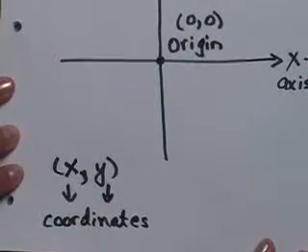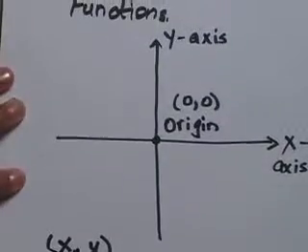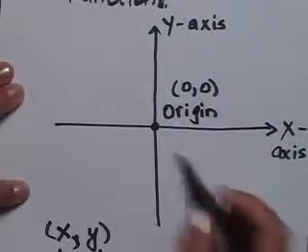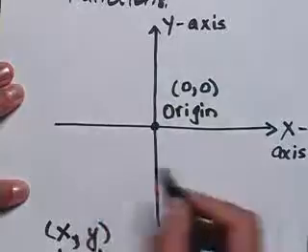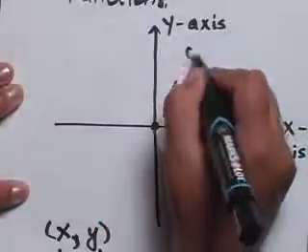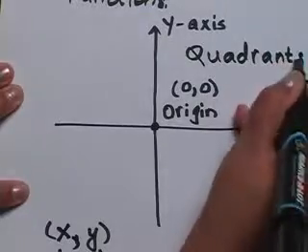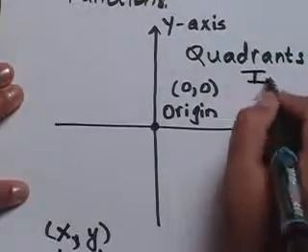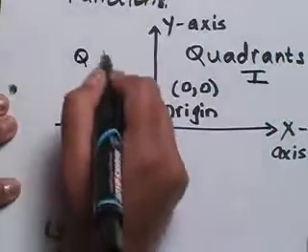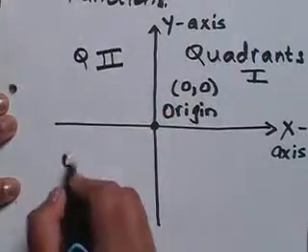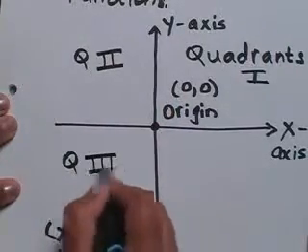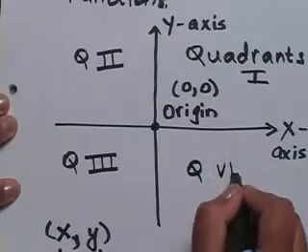The other thing you will also notice is that in your Cartesian coordinate system, the two lines form four different sections. We call each of these sections quadrants, and they are in the order quadrant 1, quadrant 2, quadrant 3, and quadrant 4.